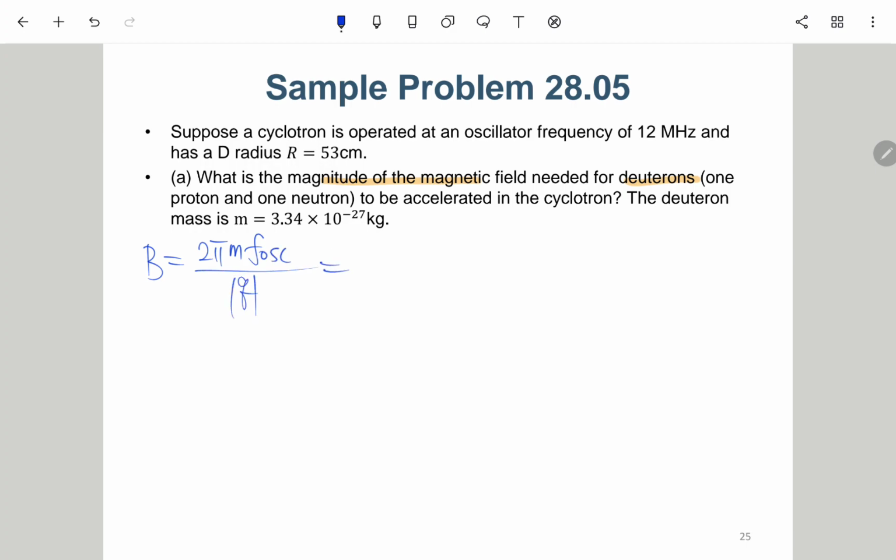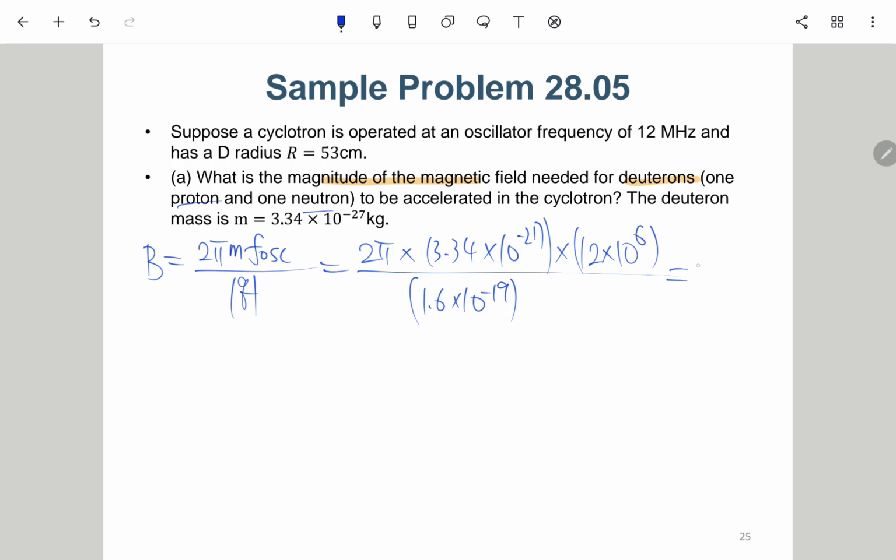Then we have 2 pi times 3.34 times 10 to negative 27, times 12 times 10 to the 6th power, all over q. This is one proton, one neutron. Neutron is electrically neutral, so the charge is only 1.6 times 10 to minus 19. So this is 1.57 Tesla.